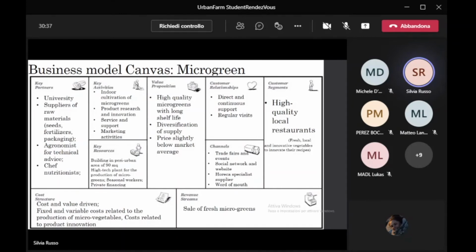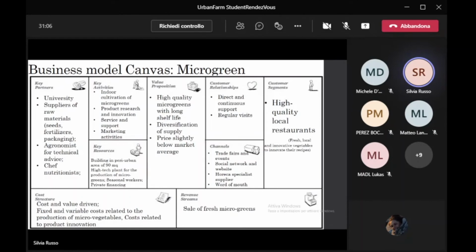The revenue stream is characterized by sales of fresh materials. To create and deliver their value proposition, the company needs a building in a peri-urban area, a high-tech plant for the production of materials, workers, and financing.